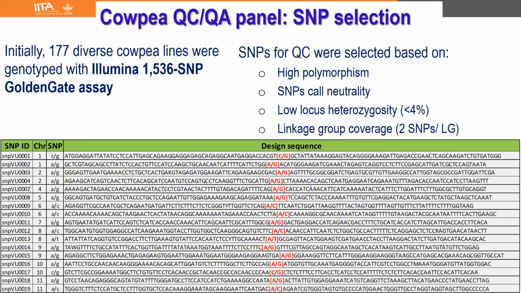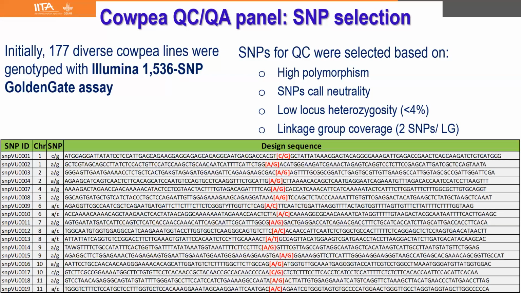The QC panel that we are working with now is a 17-SNP panel that was originally developed by genotyping about 177 diverse chickpea lines with the Illumina GoldenGate. So you can see we started mining resources that were developed earlier by our partners.